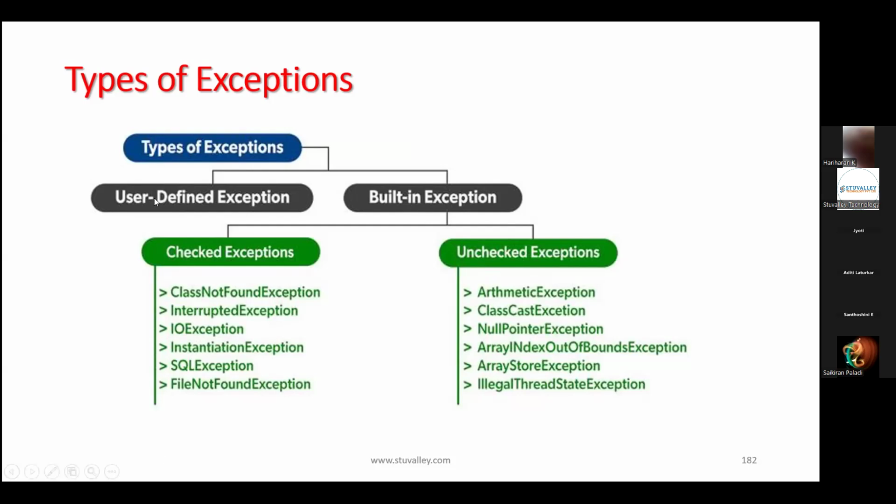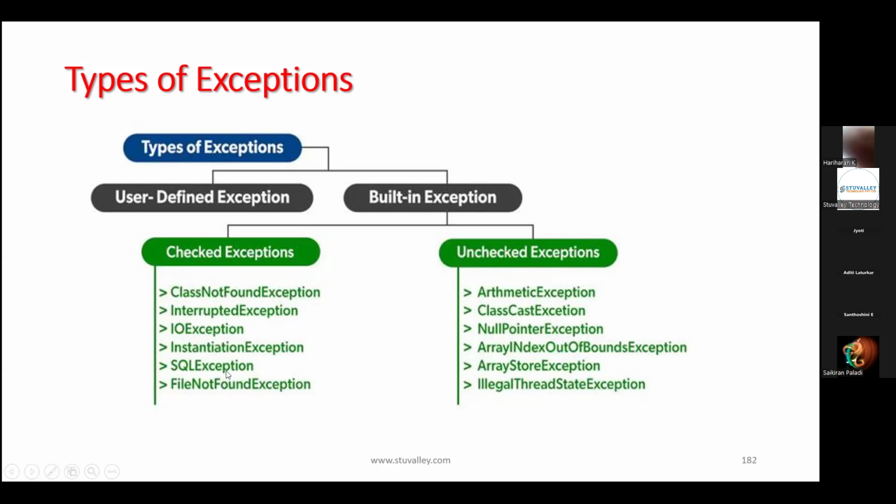That means for our application, you can use the exceptions part for exception handling, or you can also show a proper message to the user using a user-defined exception. Okay. So checked exceptions are class not found exception, interrupted exception, IO exception, instantiation exception, SQL exception, file not found exception.